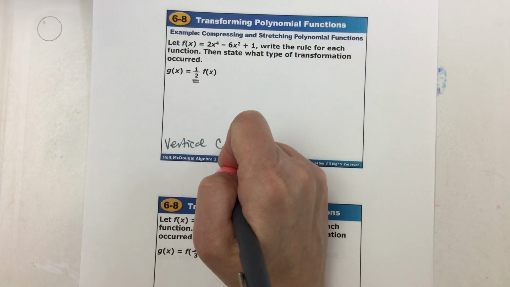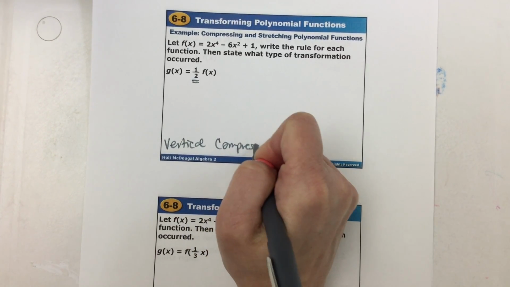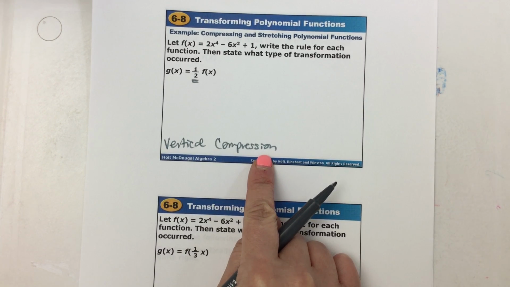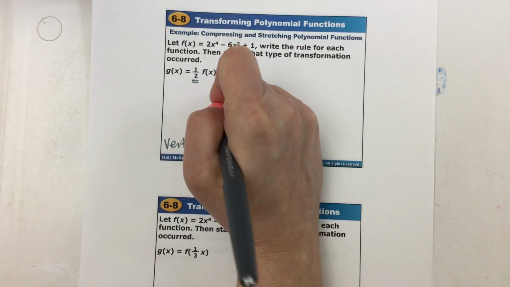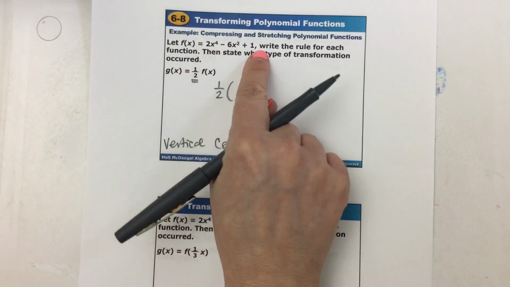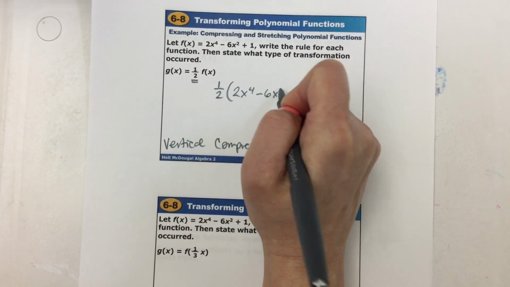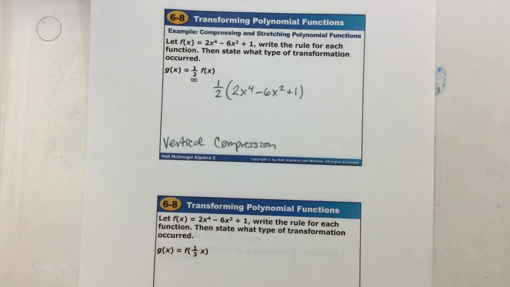This is 1/2. 1/2 is less than 1, so we have a vertical compression by a factor of 1/2. The way to find the rule is that 1/2 is out front of the original, which is 2x to the power of 4 minus 6x squared plus 1.